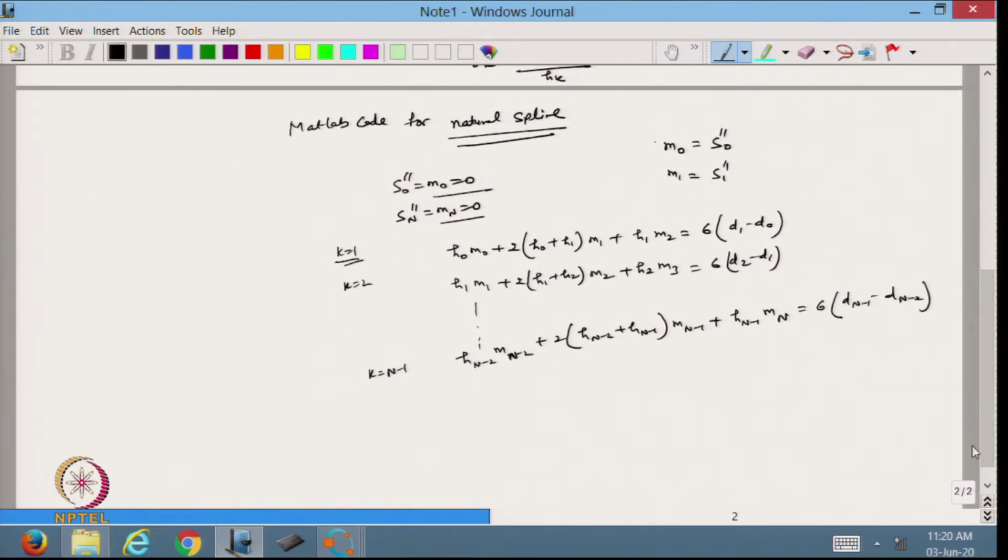Now if you see this system, the problem is that the boundary points are involved, so what are the values of m0 and mn? This is a system of n minus 1 equations, while the coefficients are m0, m1 up to mn, which means n plus 1 variables.